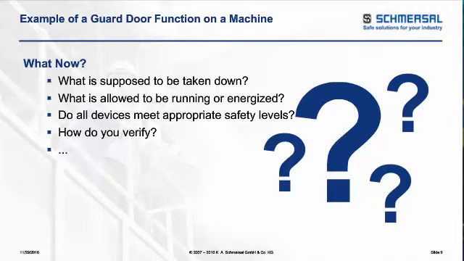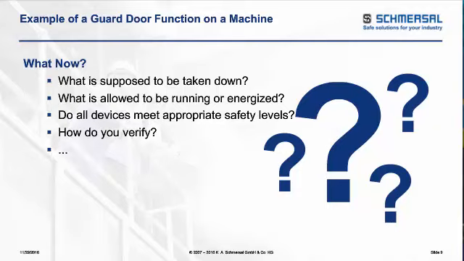All right, that's great. What do we do now? What has to happen? Part of it is the communication between the people that are actually doing the risk analysis and the people implementing it. What has to really be done on the machine to ensure a safe shutdown?